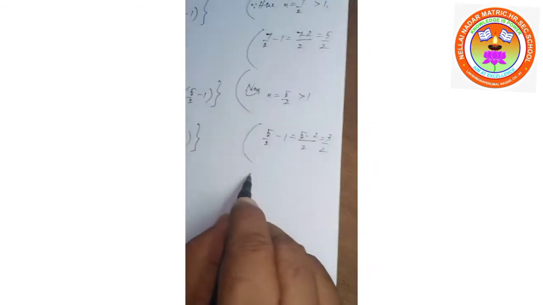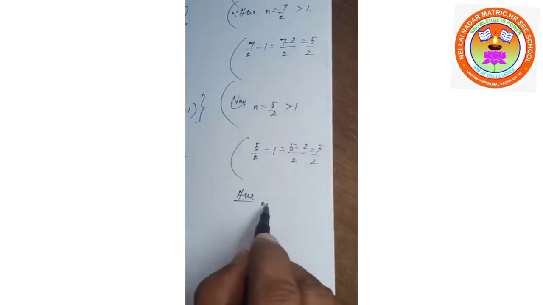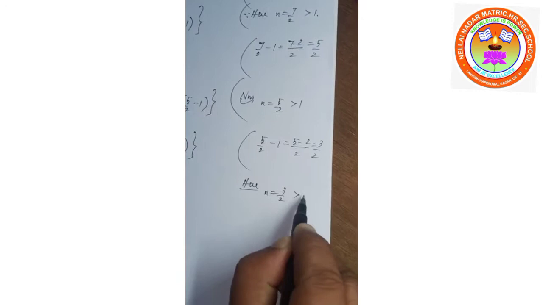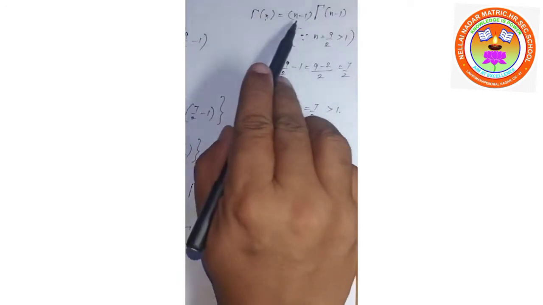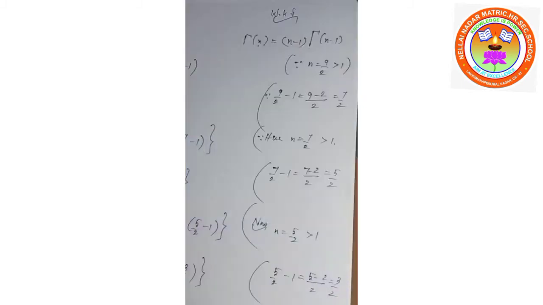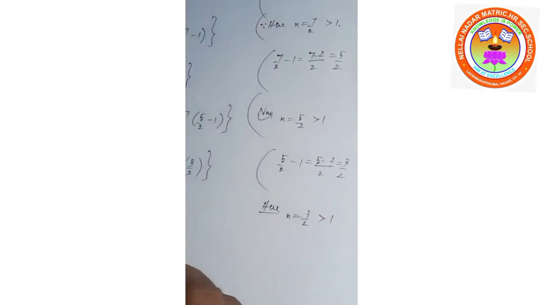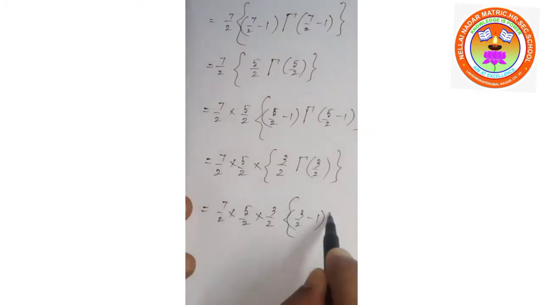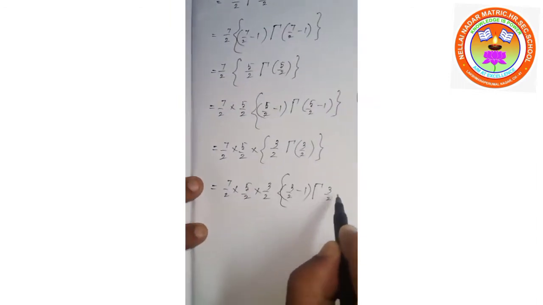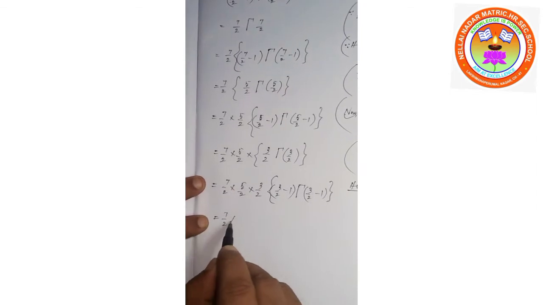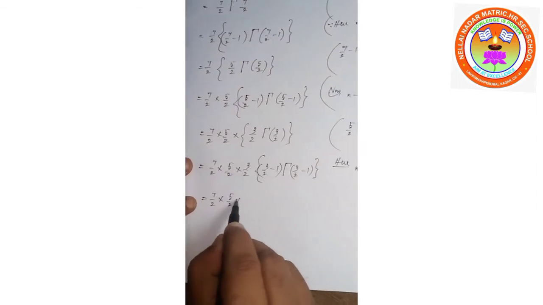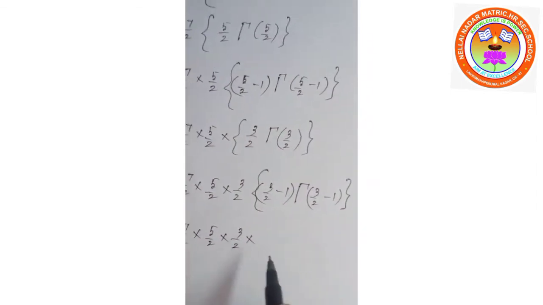Here n is equal to 3 by 2, which is greater than 1. Once again the same formula, n minus 1 gamma of n minus 1. What is the value of n? 3 by 2. So 3 by 2 minus 1 gamma of 3 by 2 minus 1. Close the brackets. That is equal to 7 by 2, 5 by 2, 3 by 2.